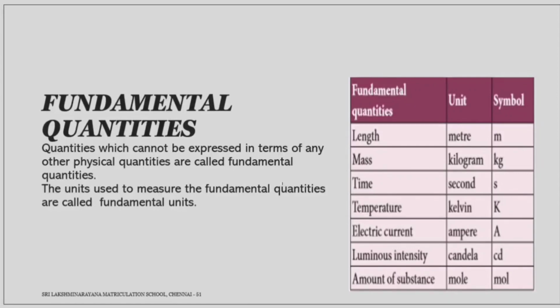Quantities which cannot be expressed in terms of any other physical quantities are called fundamental quantities. The units used to measure the fundamental quantities are called fundamental units. Some of the fundamental quantities with their unit and symbol are given in the table.